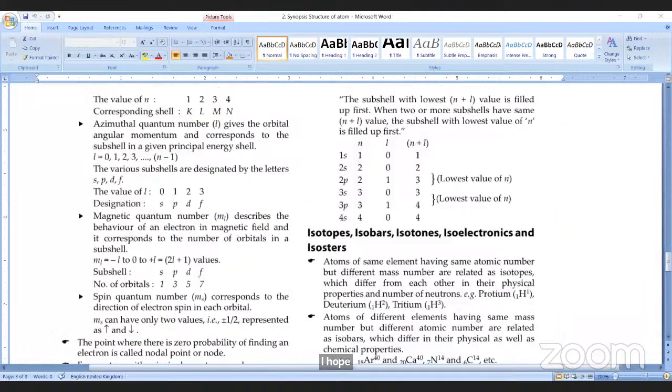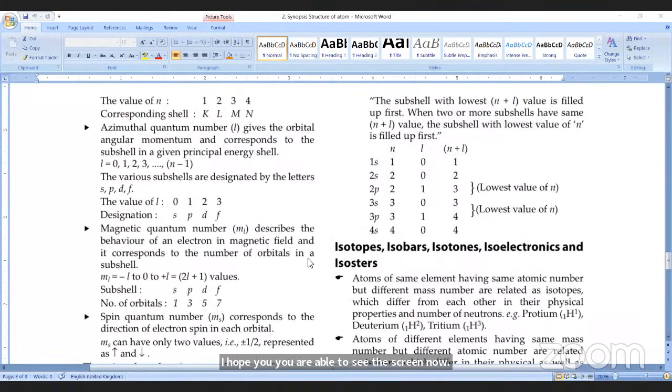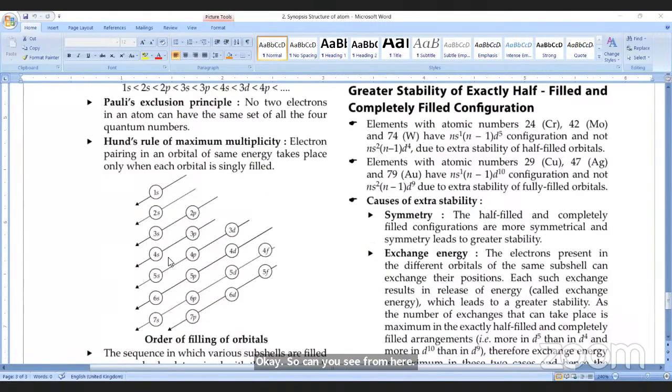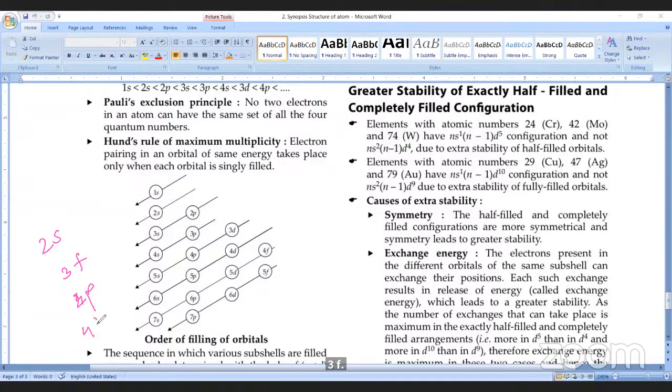So there were 4 options: 2s, 3f, 2p, and 4d.